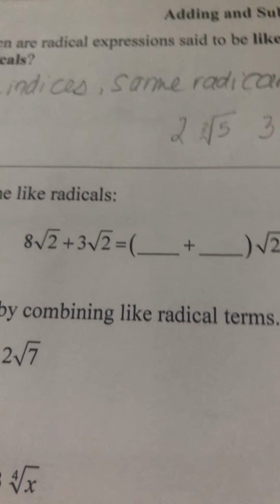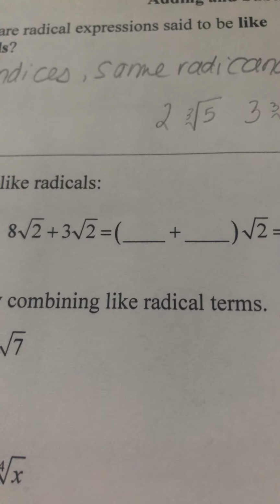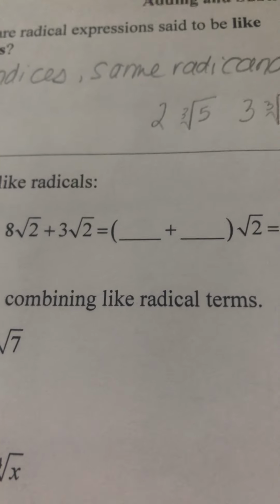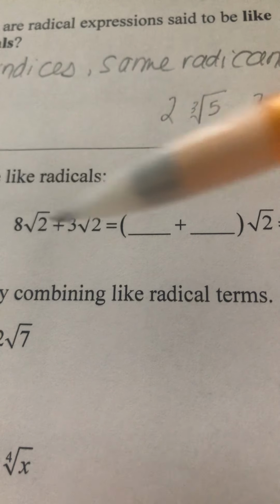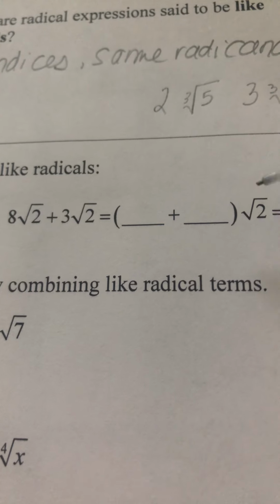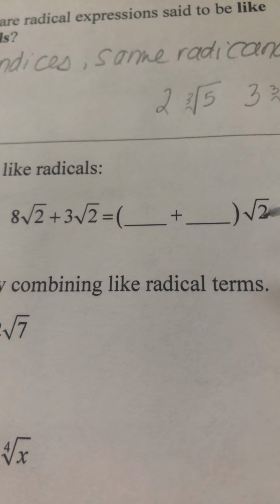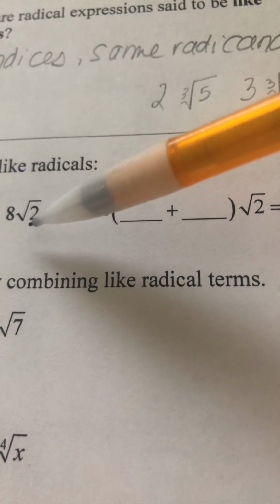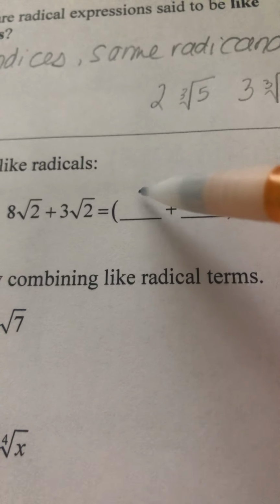So when you're combining them, if you look at this, what this shows you is why combining like terms works. What they're showing you is if these both have a root 2 in common, you could factor out the root 2 from both of them. So this is factoring out the root 2. If you take away the root 2 there, what's left is 8.